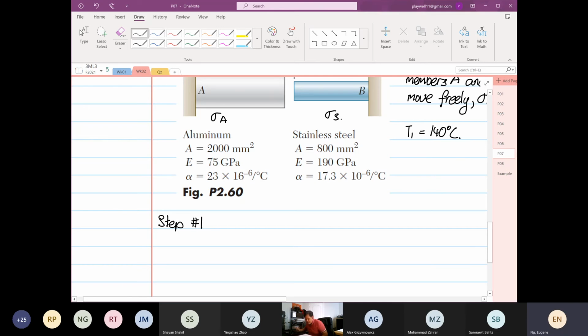Allow free expansion or allow free motion.